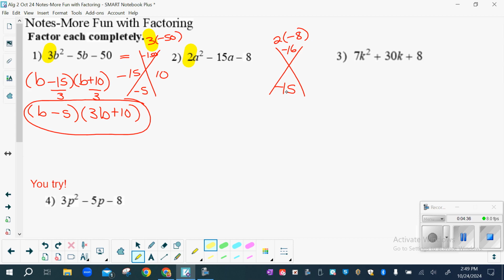And then what multiplies to negative 16 that adds to negative 15? Yeah, it's negative 16 and 1. That's right. So don't forget 1. Really easy to forget to try 1. So negative 16 and 1 works here. So now we're going to write our two factors: a minus 16, a plus 1.